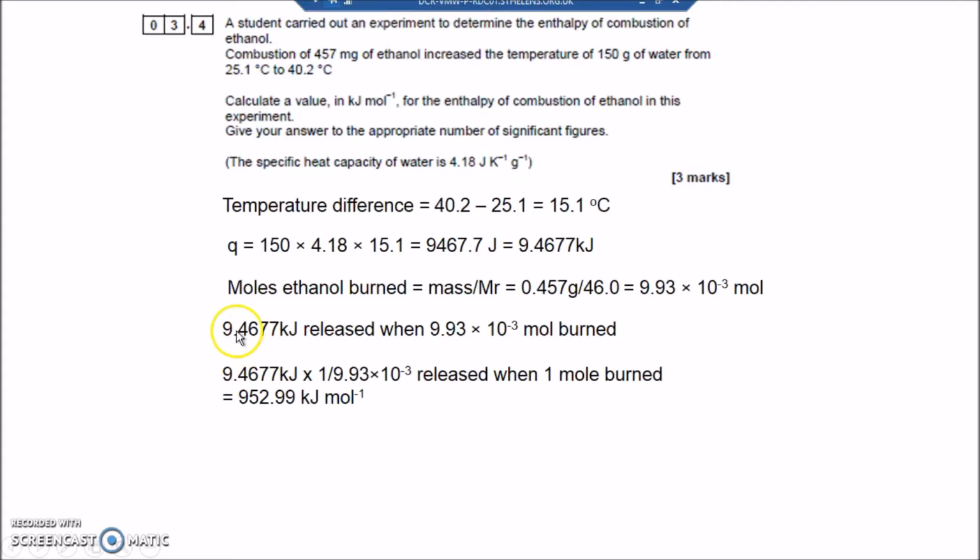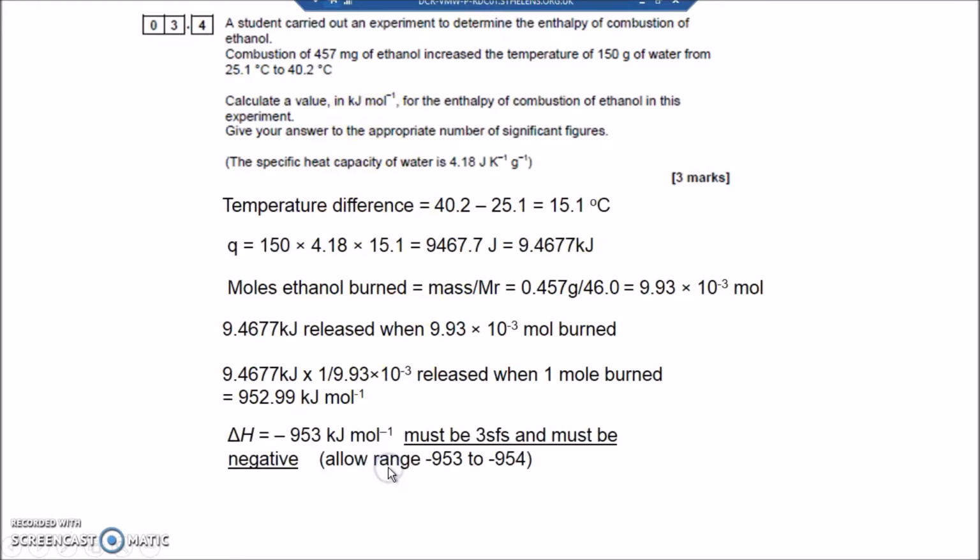I multiply by the number of kilojoules, and that tells me the amount of heat energy released when 1 mole is burnt. 952.99 kilojoules per mole, and that should be a negative value. All of my other values are to 3 significant figures, so I'm going to round that to 953, so minus 953 kilojoules per mole.